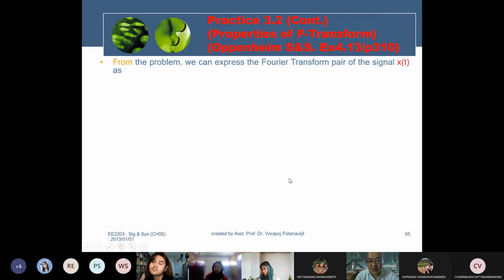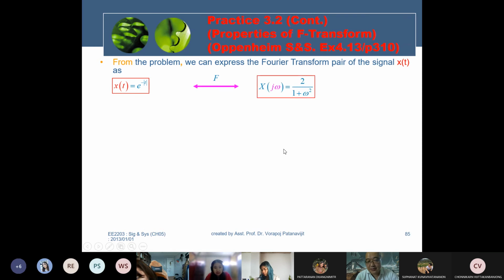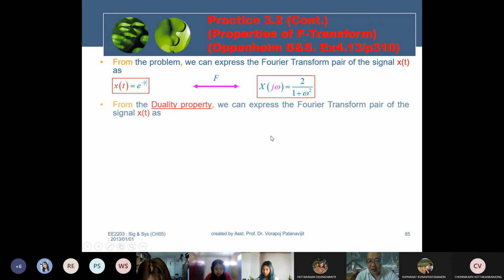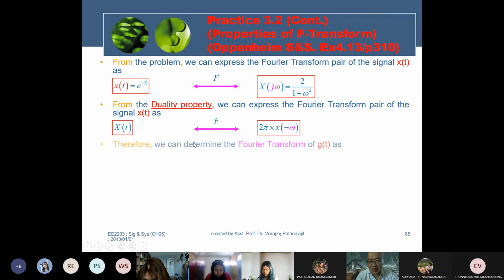From the duality property in this problem, we can express the Fourier transform pair of the signal x(t). The Fourier transform of x(t) equals X(omega) equals 2 divided by 1 plus omega squared. From the duality property, if the signal is 1 over 1 plus t squared, it should be in this form, but you must multiply by 2 pi and replace omega with minus omega.